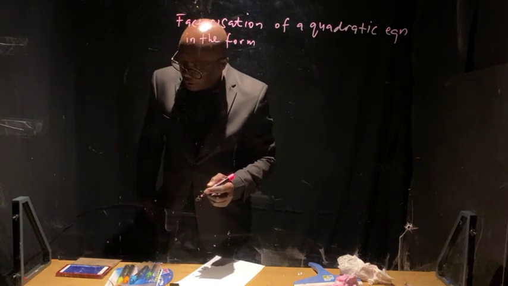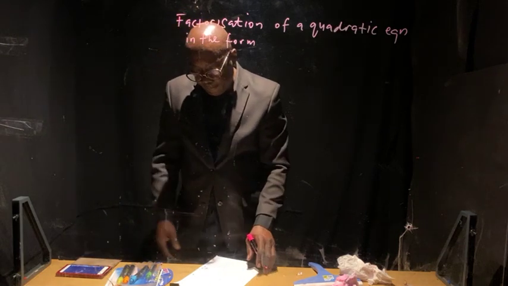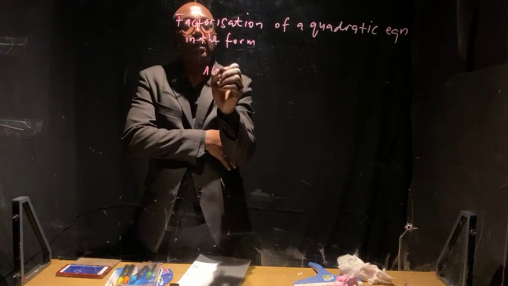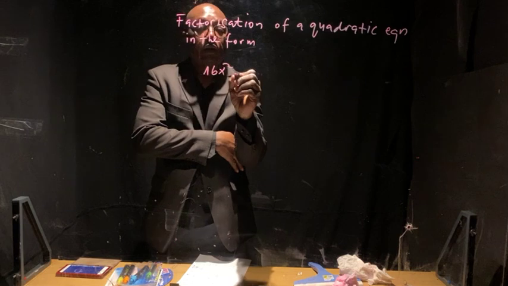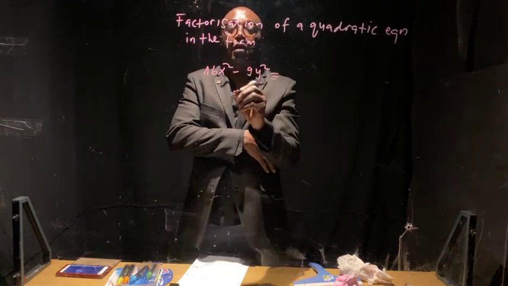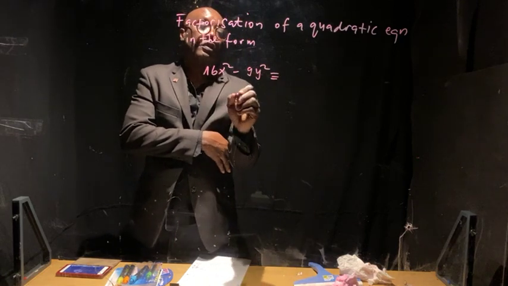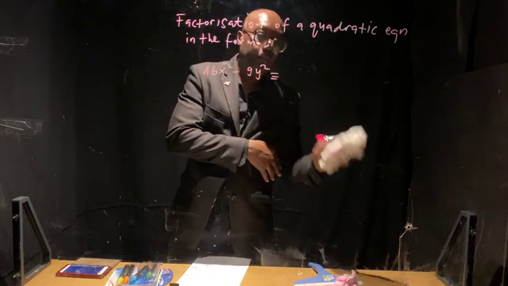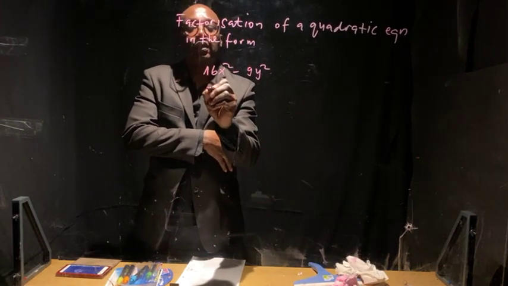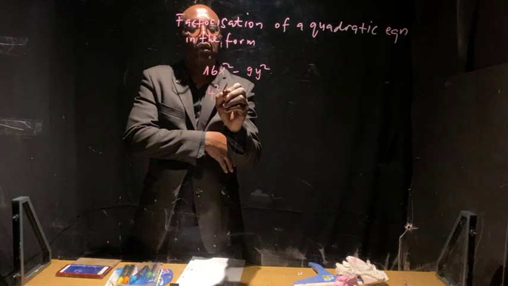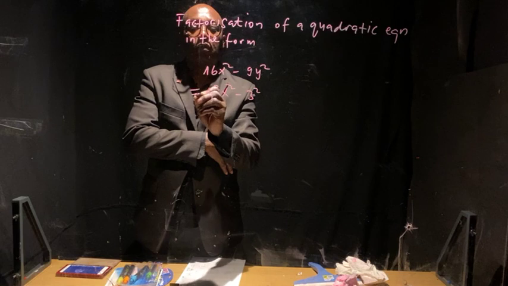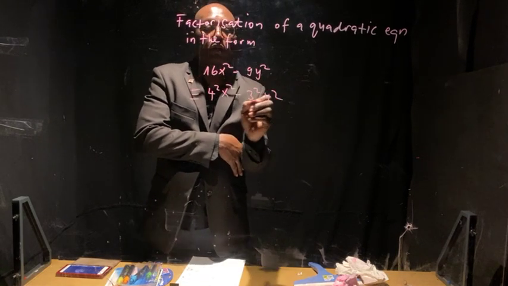There is also another example that says that, for instance, if you have 16x squared minus 9y squared, this is not different from, you can make this one 16 is 4 squared x squared, 9 is 3 squared y squared.